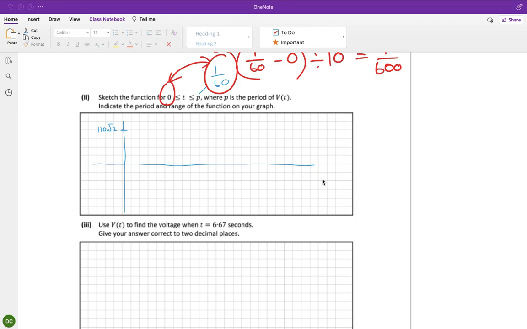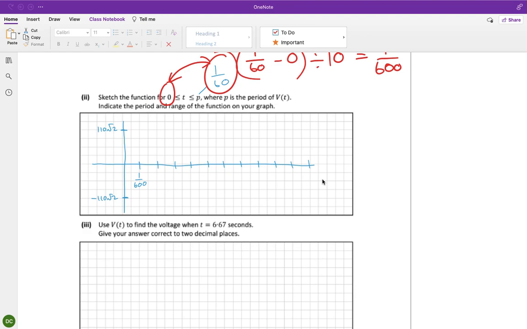And minus 110 root 2, which I think I said was like 155, didn't I? And then I'm after going up in like 1 over 600 steps. One, 2, 3, 4, 5, 6, 7, 8, 9, 10. That should work.